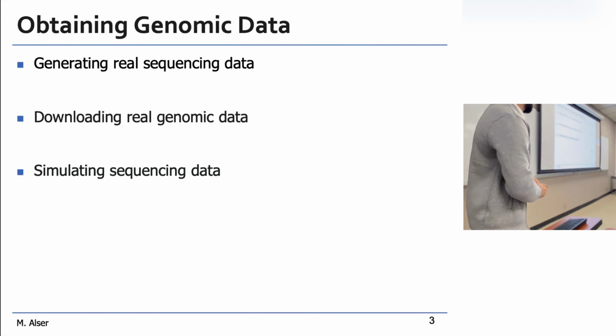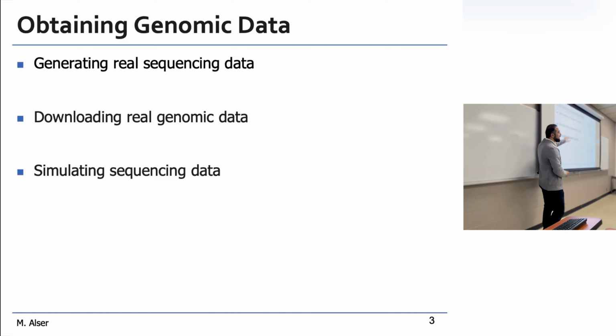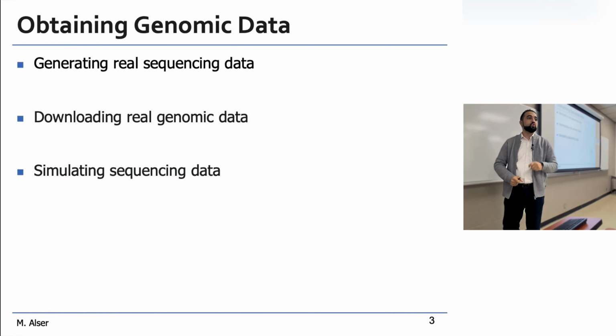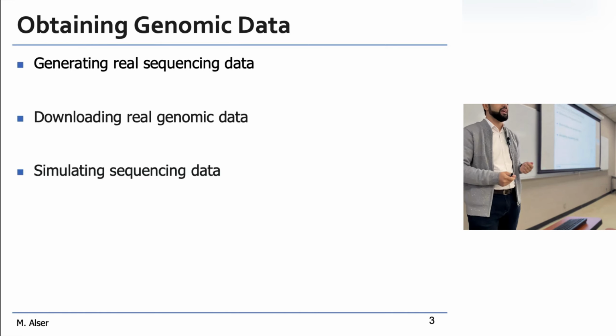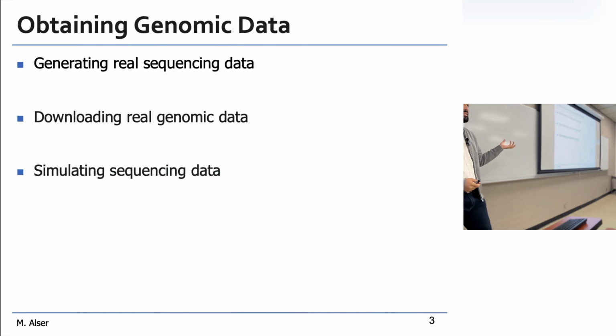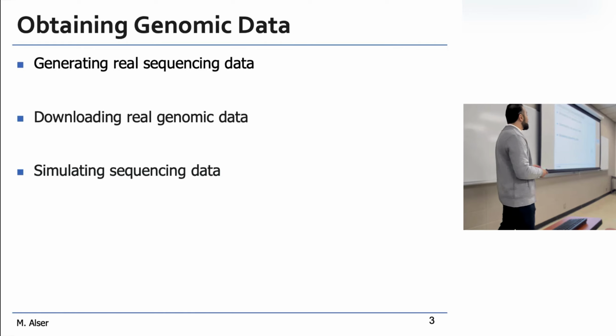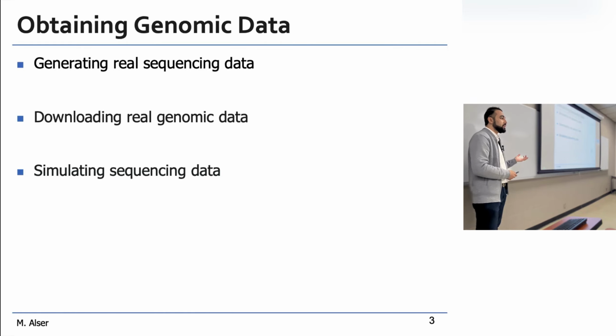The third way we were talking about is simulating those data. If you'd like to control something, mimic the actual hardware, the instrument itself, and how it generates those data, you could do that. You could plug in the error model that you are interested in, and then sequence those reads based on that model.